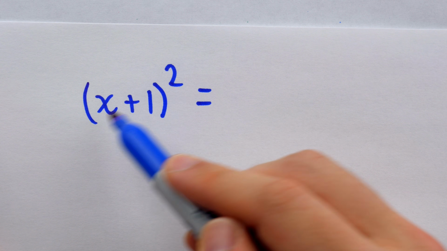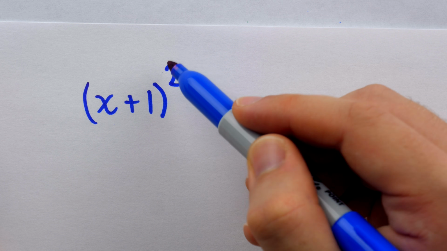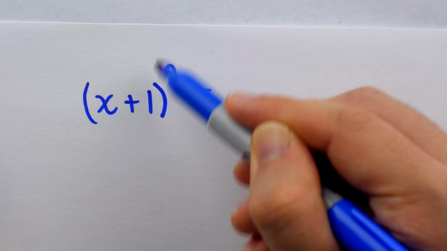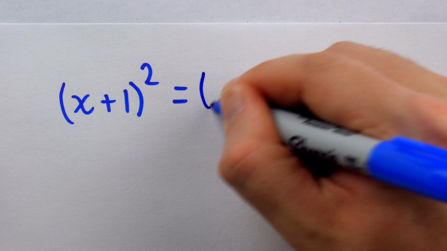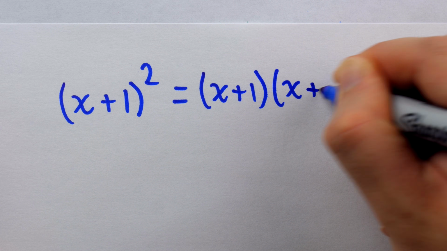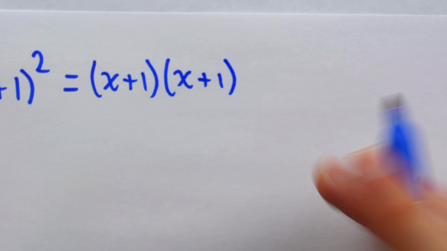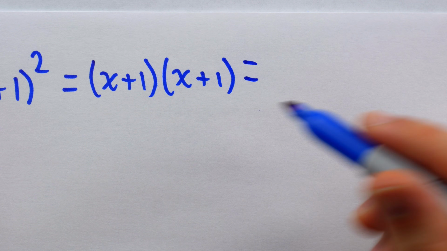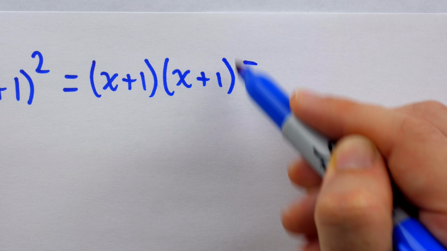It's a binomial, that is 2 terms, in this case x and 1, raised to a positive integer power, in this case 2. X plus 1 to the power of 2, you should know, is x plus 1 times x plus 1. The exponent of 2 tells us that there are 2 factors of x plus 1. And then, to do this multiplication, we just have to multiply everything in here by everything in here.